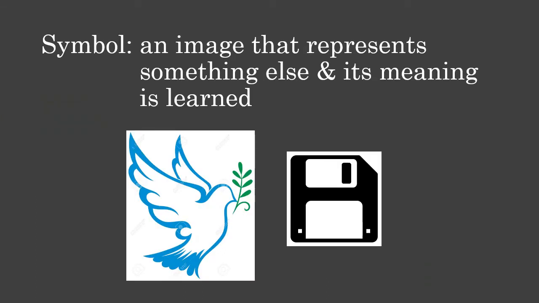And then for anyone that was curious, a symbol is defined as an image that represents something else, and its meaning is learned through association. So you're probably all familiar with the symbol of a dove holding an olive branch, which symbolizes peace.